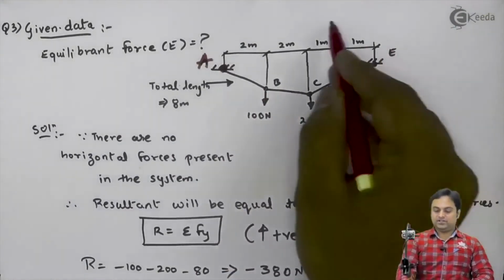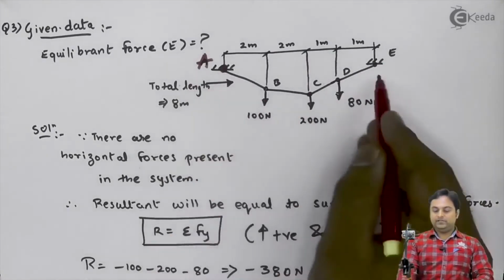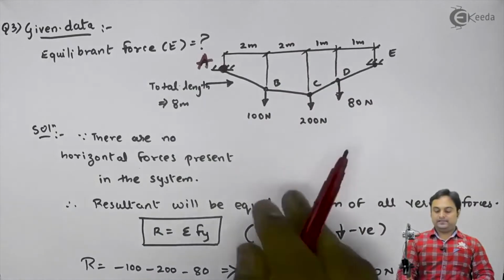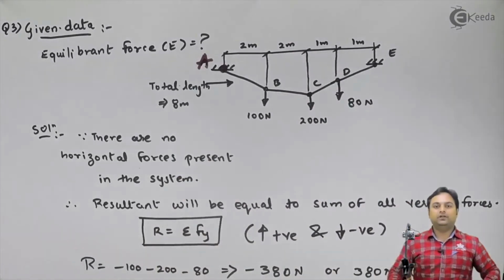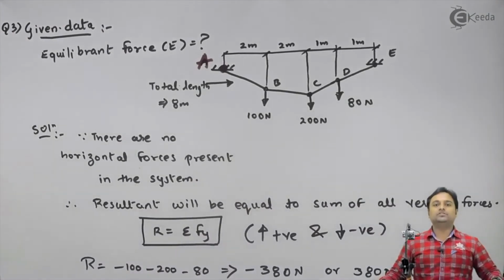So in this string system, anywhere between A and E there will be a resultant acting downward, and that distance is what we have to calculate. So we will be using Varignon's theorem of moments to find that distance.